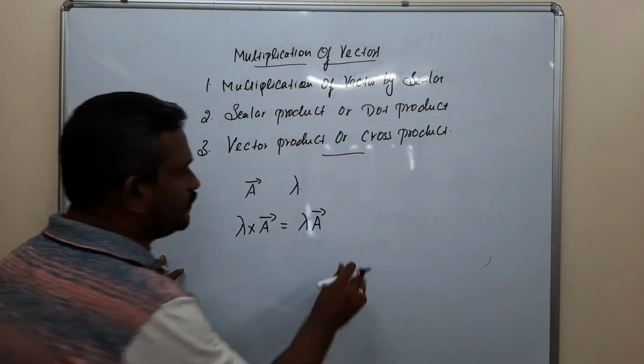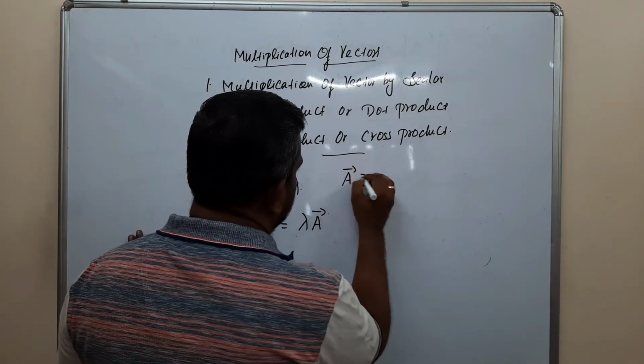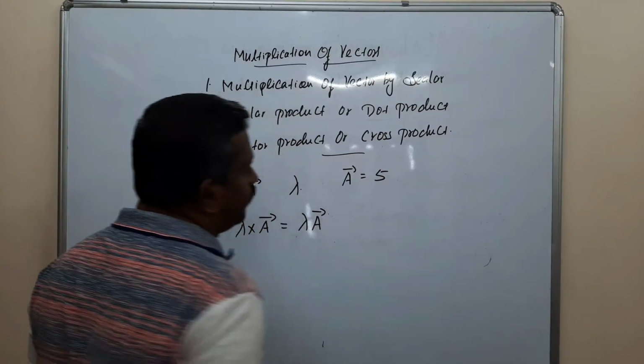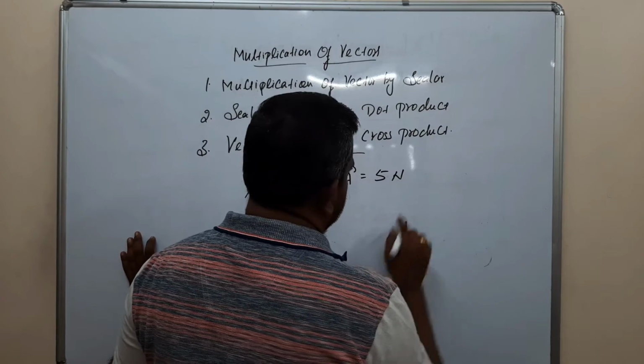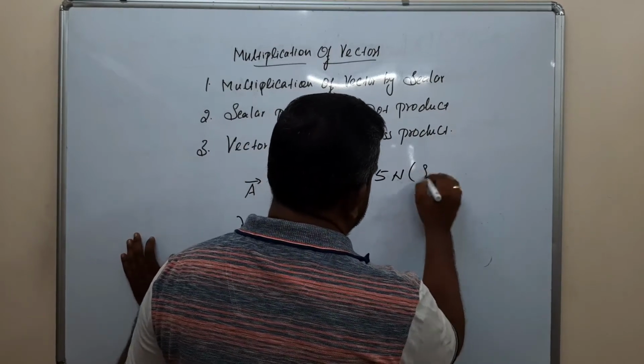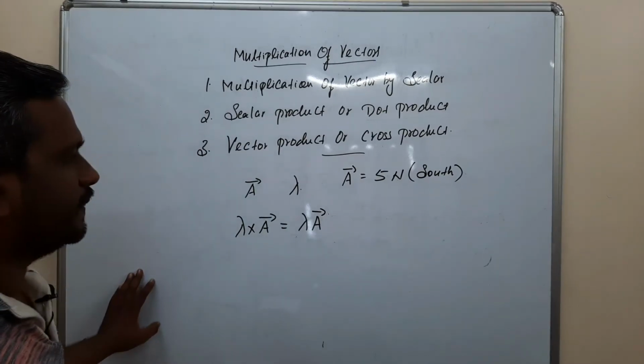Clear? For example, A vector is equal to 5 Newton, with the direction south.